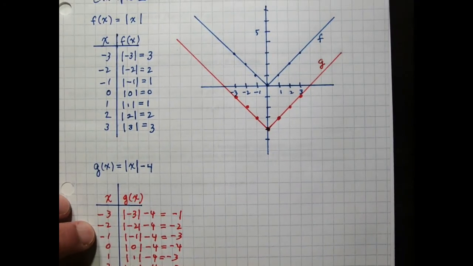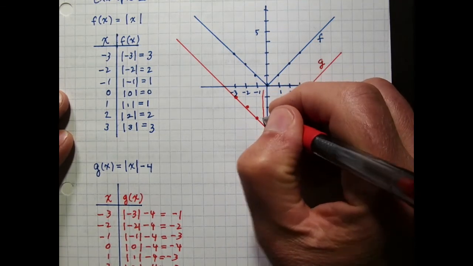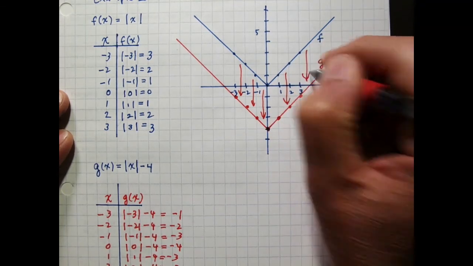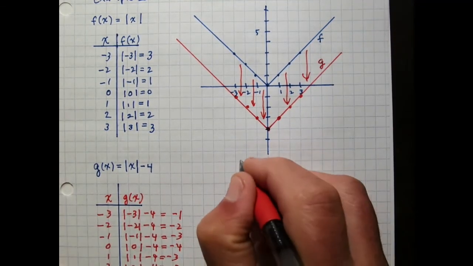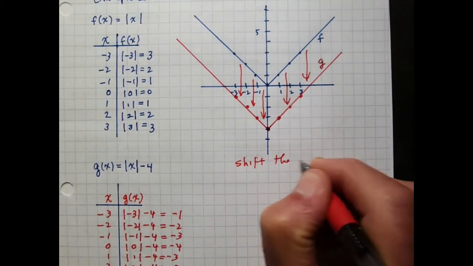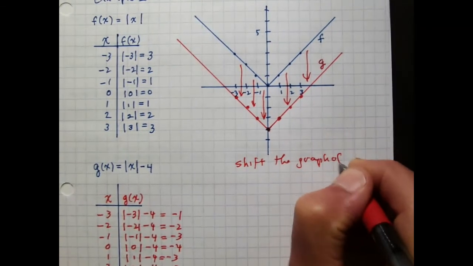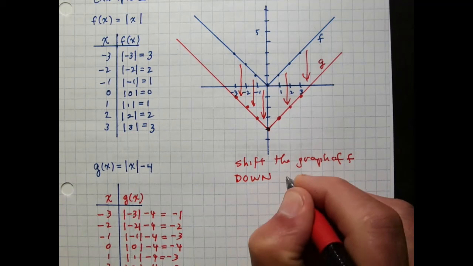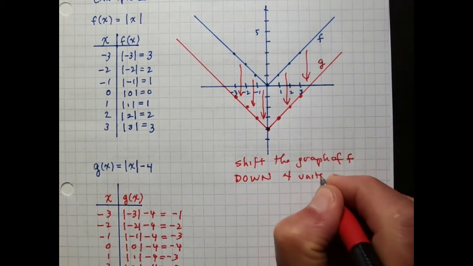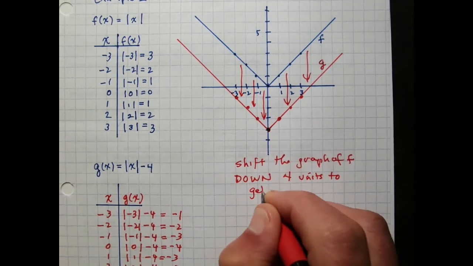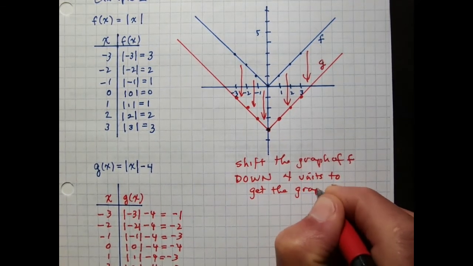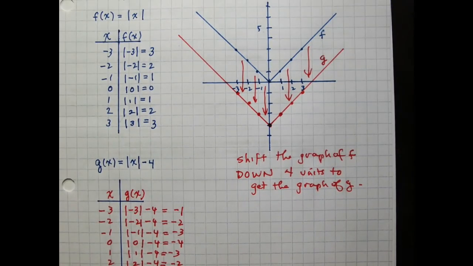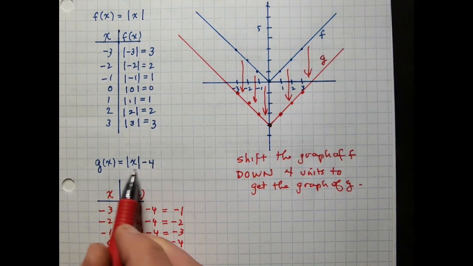And how is the graph of F and G related? Well, it looks like you shift the graph of F downward, right? So shift the graph of F down vertically 4 units to get the graph of G. The point is we shouldn't really have to start from scratch to get the graph of G. We should be able to just look at this and say, take the absolute value function.